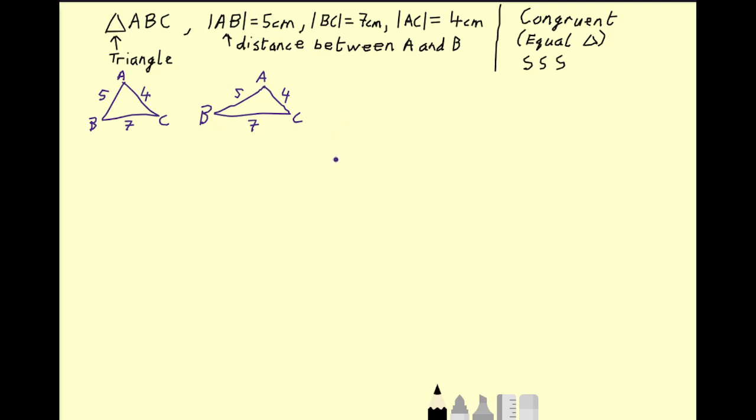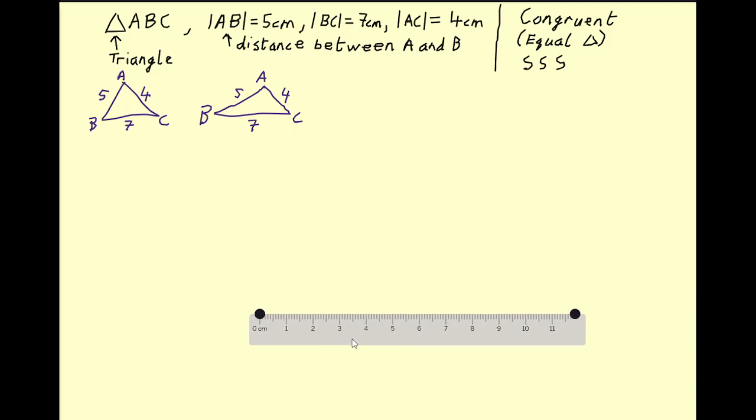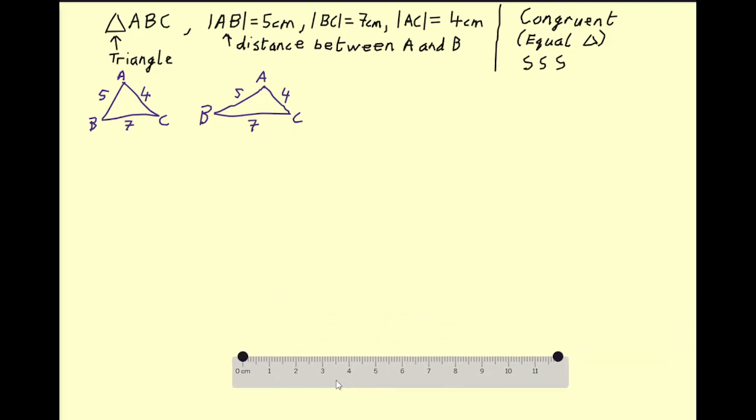Now, what I want to do is start to draw in my side lengths. I'm going to start with BC because it ended up on the bottom line here. It's nicer to start with a horizontal line a lot of the time. It just gives us more of a feel for an anchoring, if you will. So I'm going to start down here, and I'm allowed to use a ruler for this. I can just draw a line across, starting at 0, and I'm going to go across 7 centimeters.